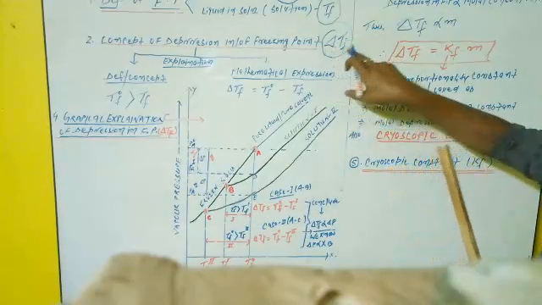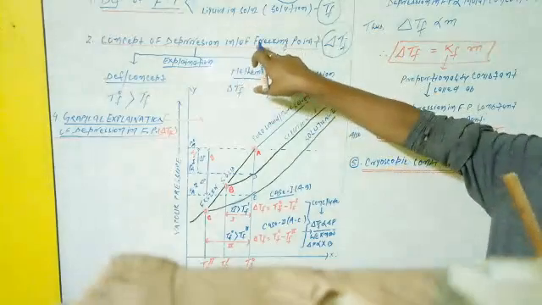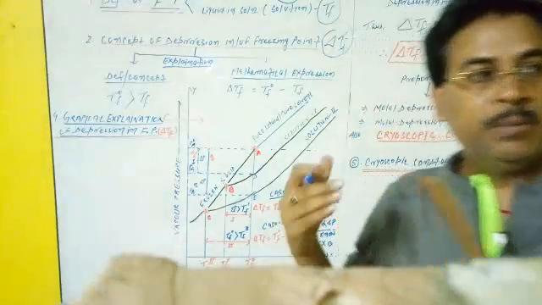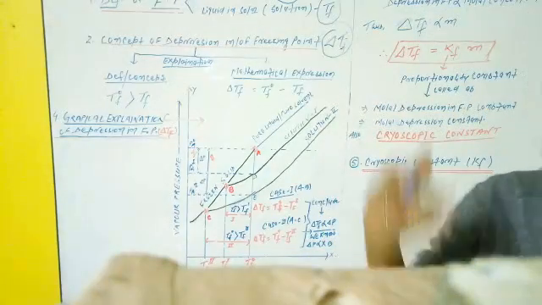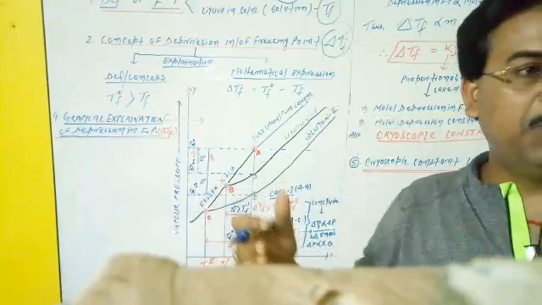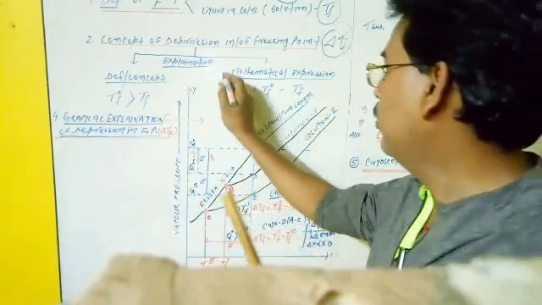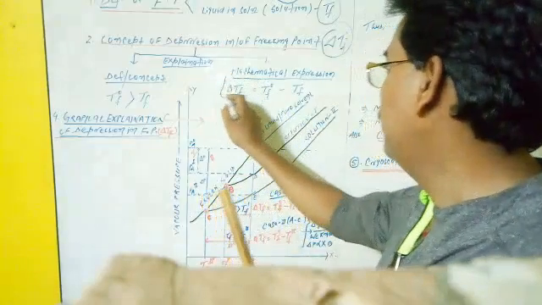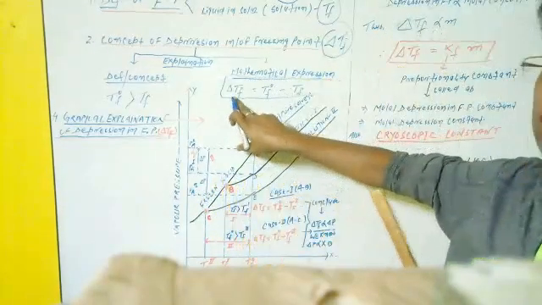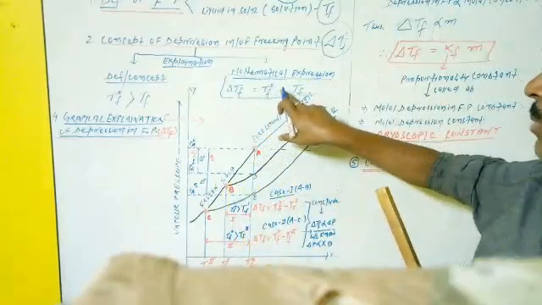So delta Tf indicates the depression in freezing point. On the basis of the mathematical definition, the difference between the freezing point of pure liquid and the freezing point of the liquid in solution is known as depression in freezing point. So we have a mathematical expression: delta Tf equal to T naught f minus Tf.